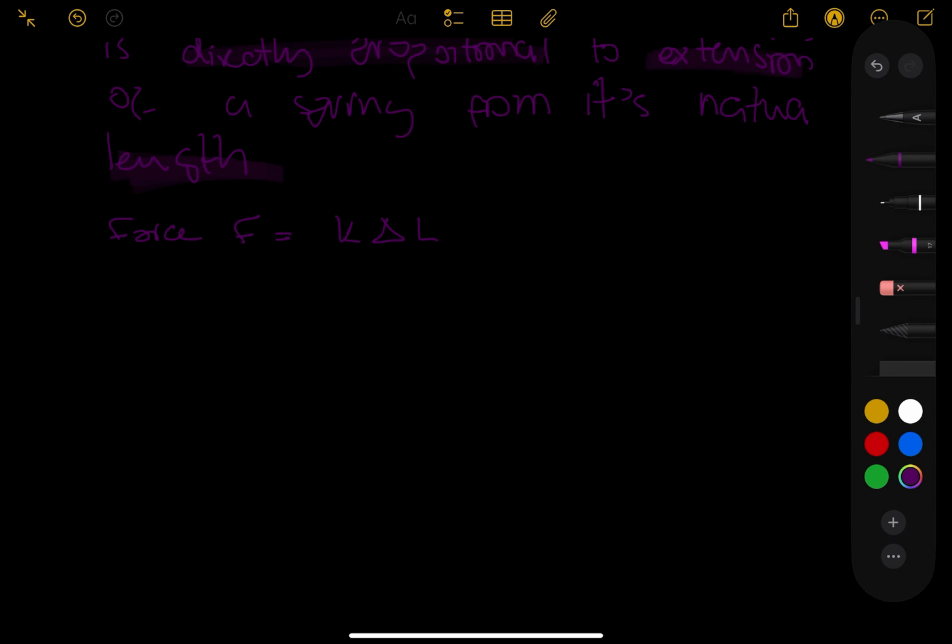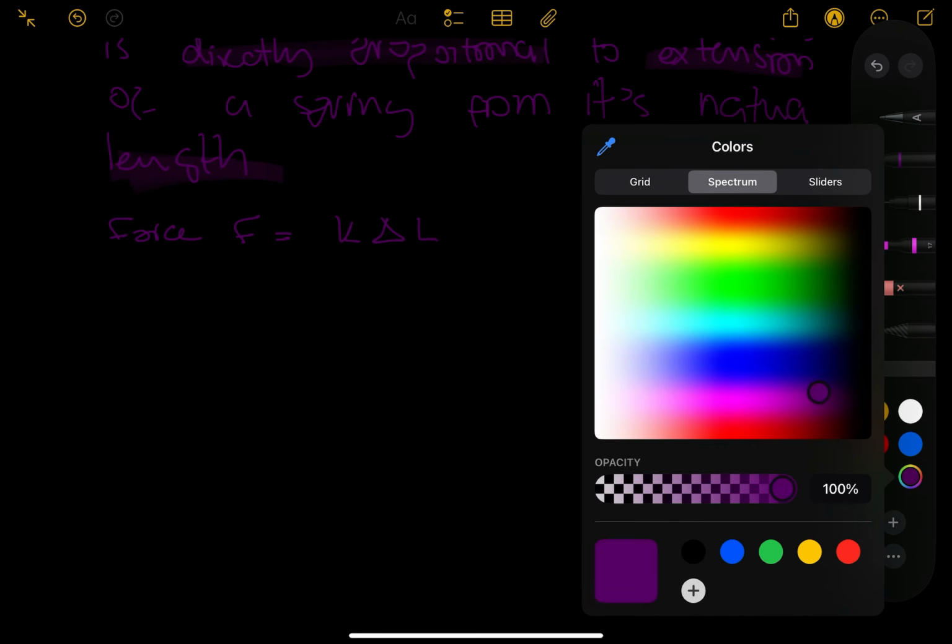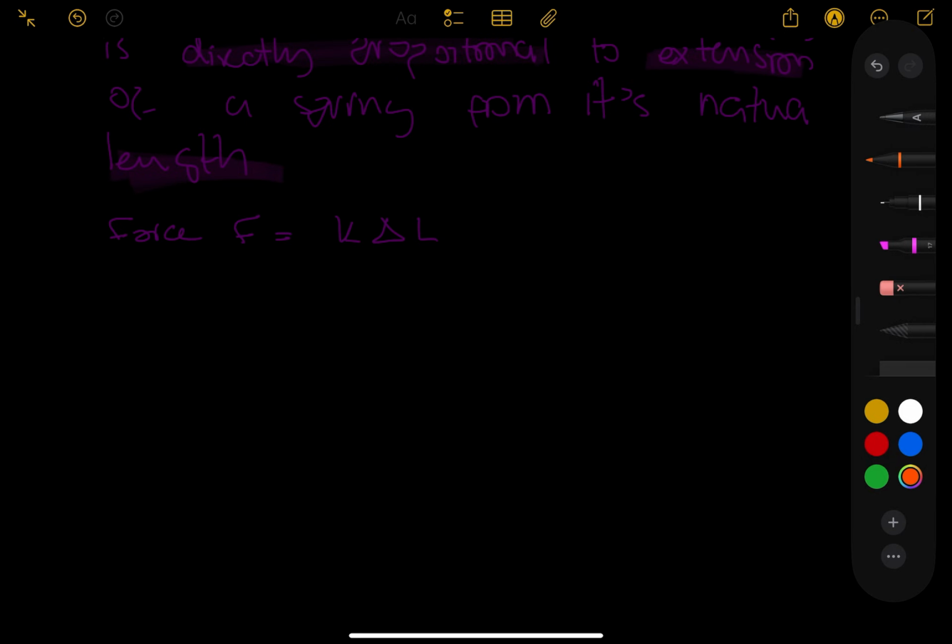So when we look at this equation that I've written right here, let's elaborate on it.